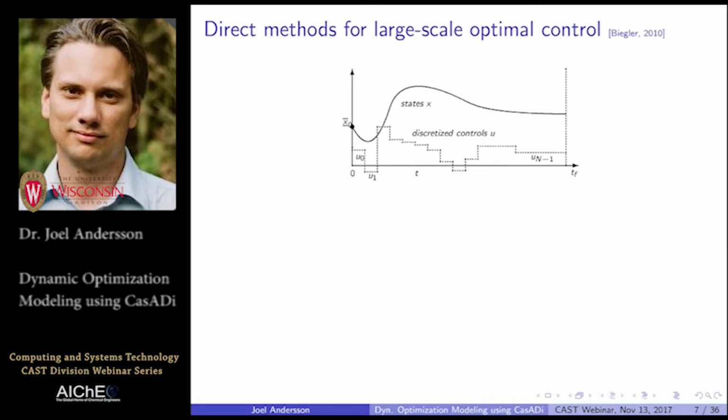Okay, so that's for the formulations. For the methods, the type of methods that are, let's say, the state of the art for solving this type of problems are so-called direct methods. In direct methods, which are also referred to as discretize-then-optimize, as a first step, we are replacing our infinite dimensional free control trajectory with a parameterization. In the simplest case, you're choosing, for example, a piecewise constant trajectory.